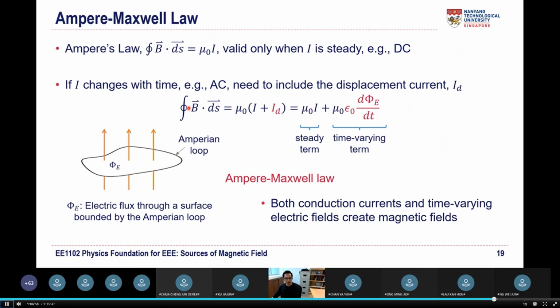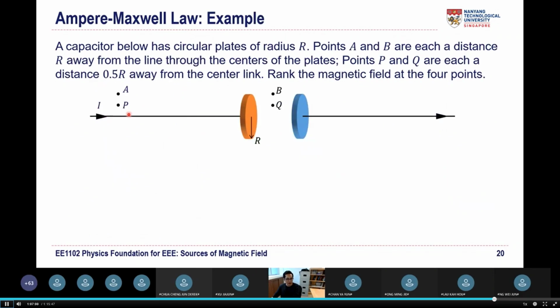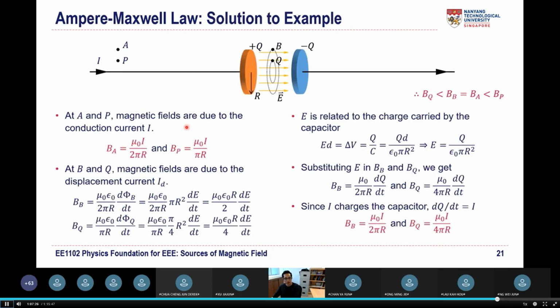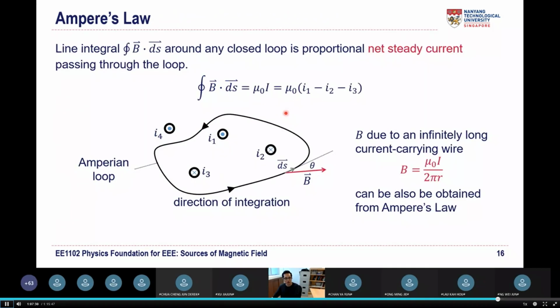So when we do a line integral around the circle with radius half r or radius r, we're going to get 2 pi r and pi r. Because this is half r, the line integral of the circle that includes point P is going to be pi r, and the other is going to be 2 pi r.